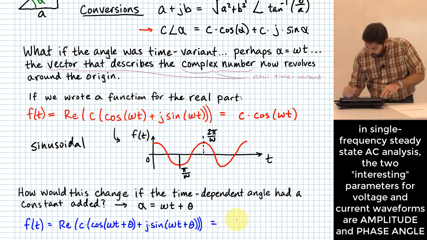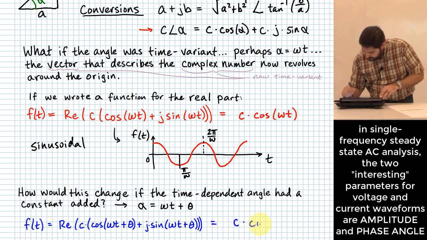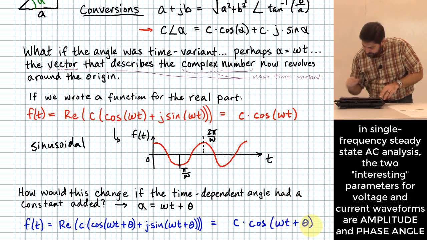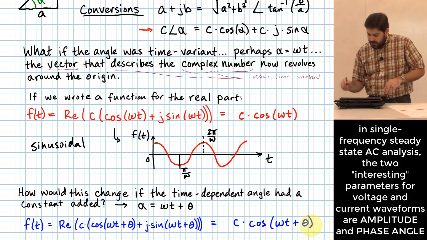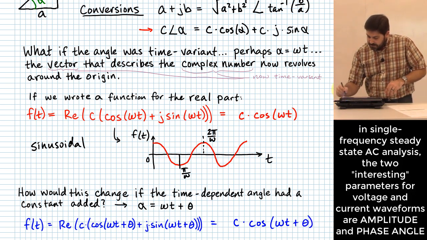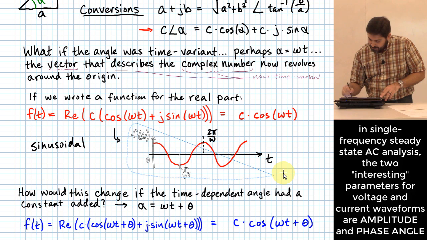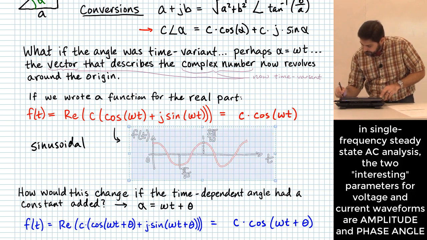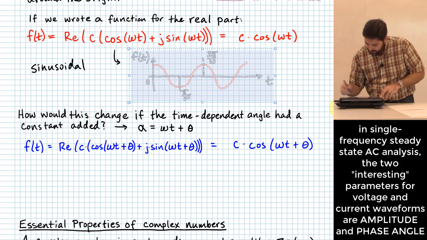It's really the same. All you're going to have is c times the cosine of, now, omega t plus theta. Right? And so really what we did is we got the same thing that we got up here with one slight difference. Okay, so I'm going to copy it down here.